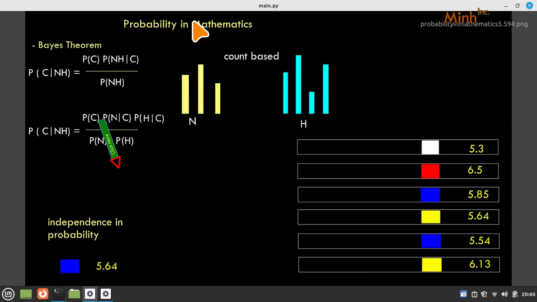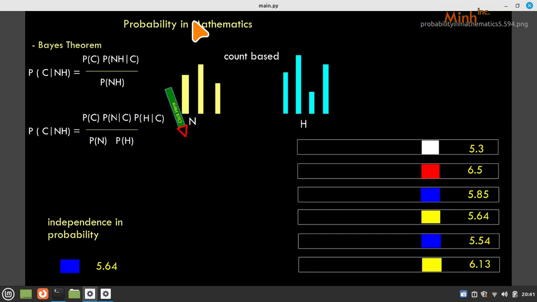What I am talking about is, earlier we were talking about if person name is this, height is this, then he belongs to a particular country. So the probability of coexistence of N and H, and then the probability of a country, and then inside the country the coexistence of N and H. Now if we talk about independence, then we plainly compute the probability of a particular name in the global space and the probability of a height in the global space.